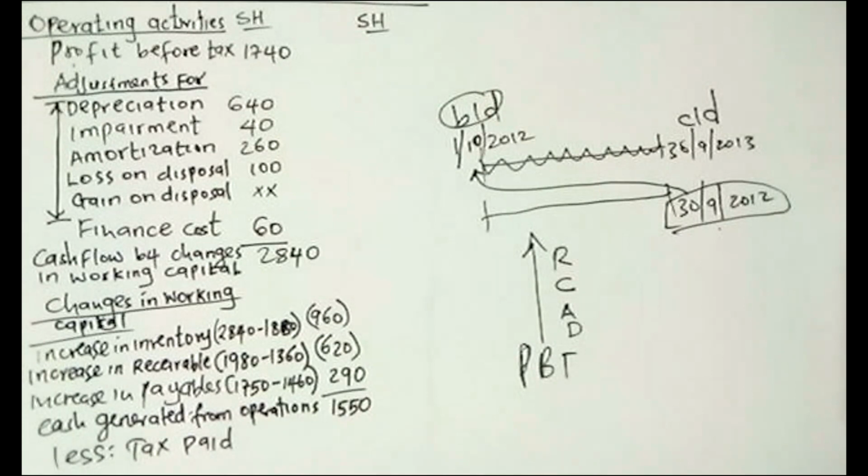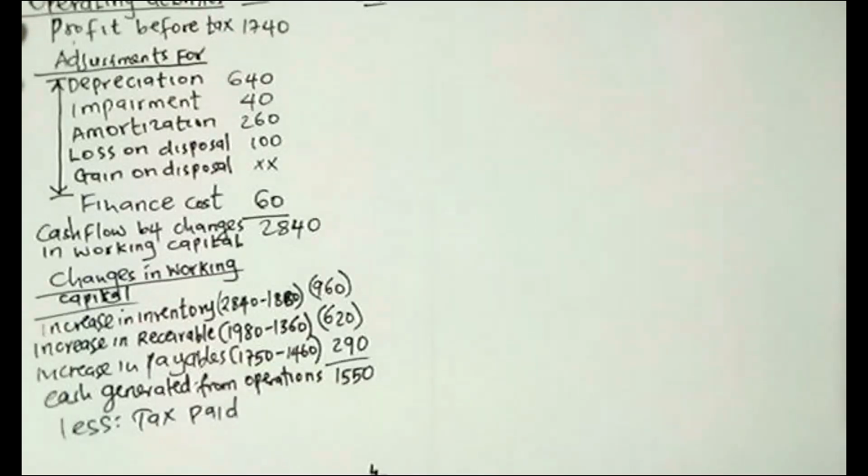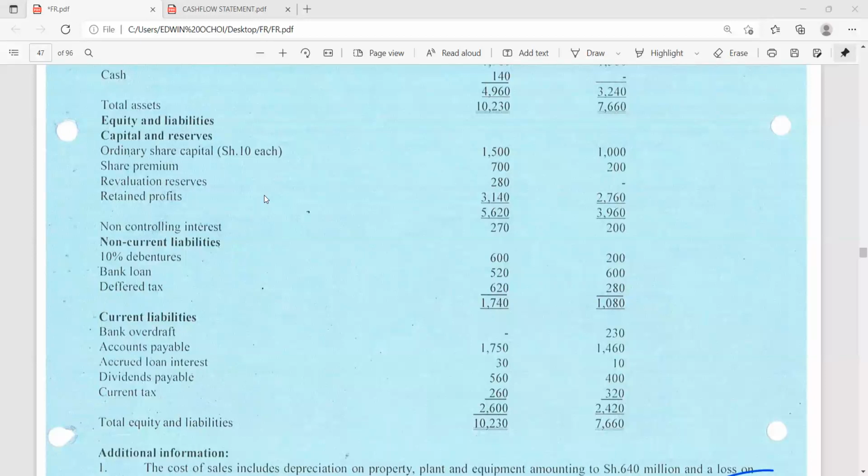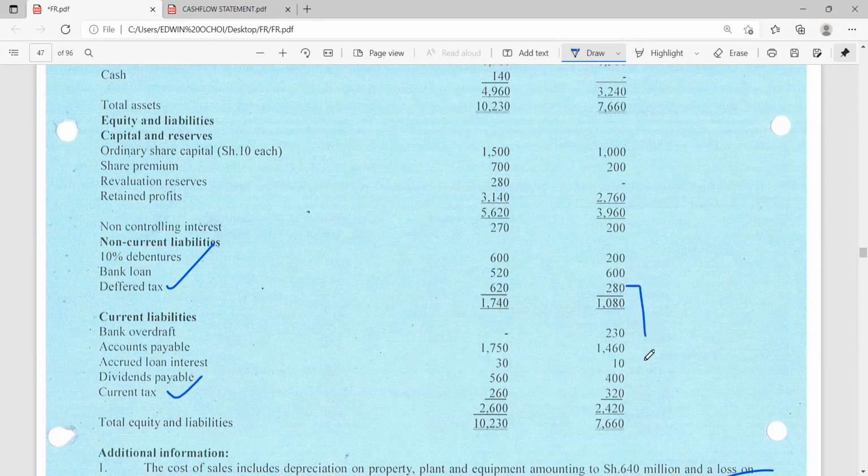So for the tax, let us check the current and the deferred tax. Under liabilities, under the long-term liabilities, we have deferred tax and we have the current tax. So you compare by combining first.